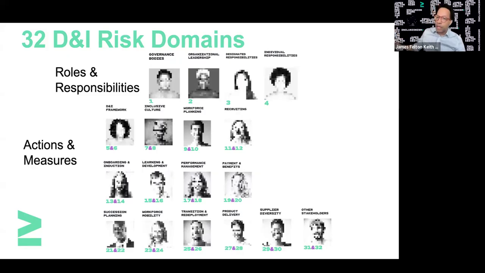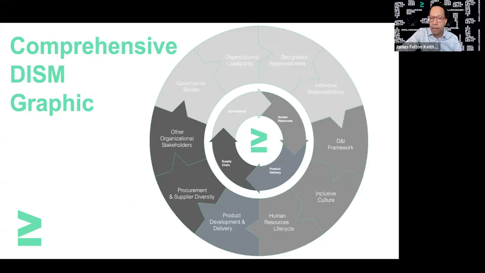Other organizational stakeholders, even companies that may affect your institution's bottom line, but are not necessarily suppliers. It really covers a gamut in how organizations operate. And again, this graphic is really just a consolidated view of those 32 domains.